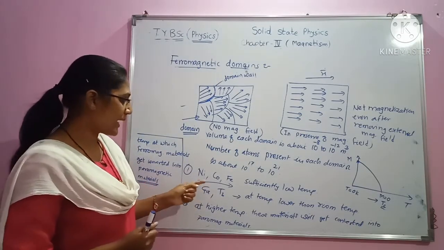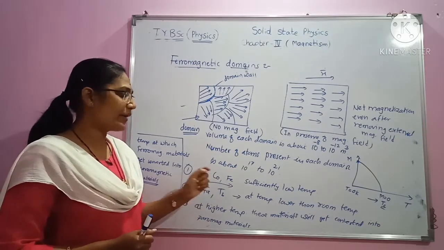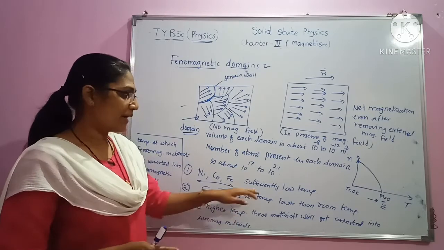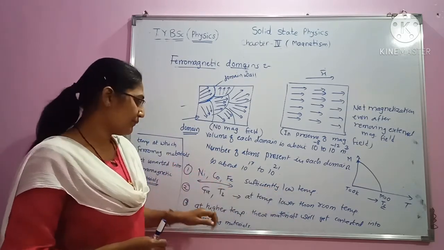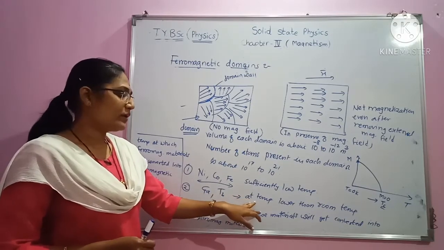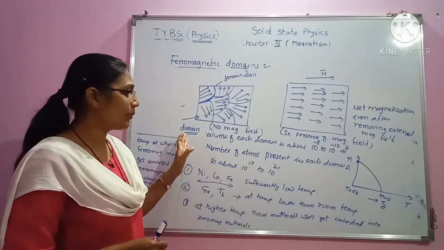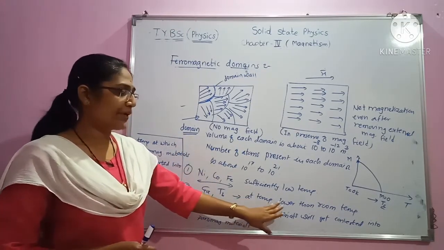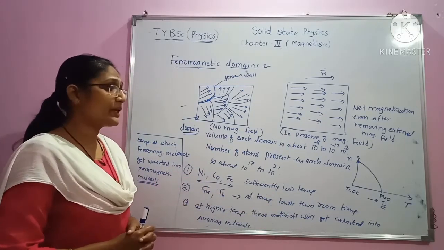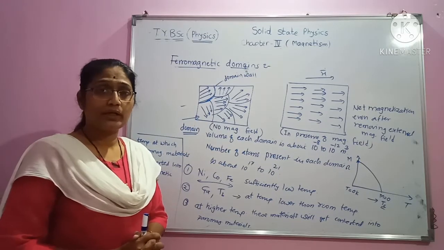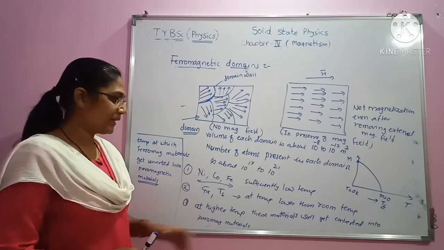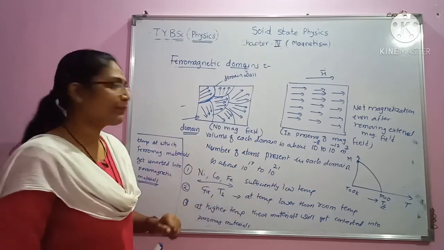It is observed that the nickel, cobalt, iron, they are having a ferromagnetic nature at sufficiently low temperature. Then gadolinium, terbium, they are also having ferromagnetic nature at a temperature lower than room temperature. If we increase the temperature applied to ferromagnetic materials, then they will get converted into paramagnetic materials at Curie temperature.